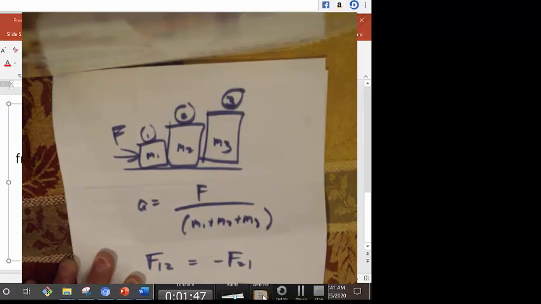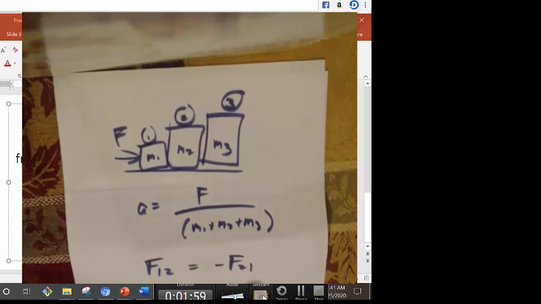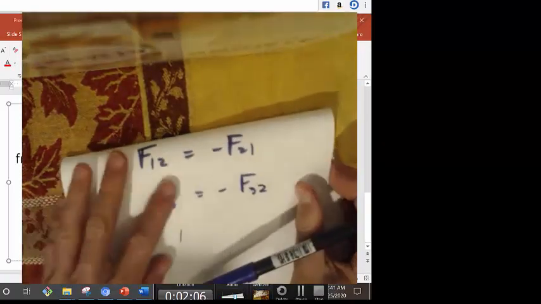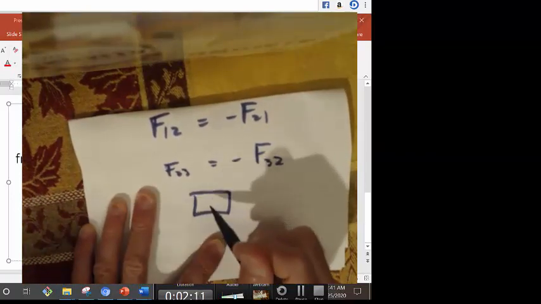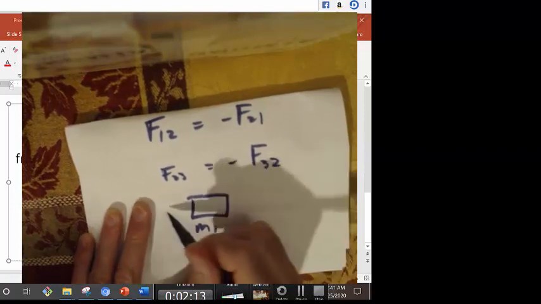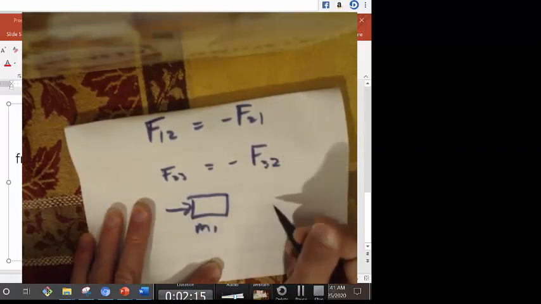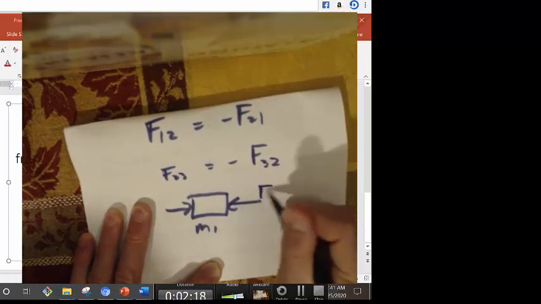Okay, so we know that, and we also know that if I draw an individual block here, call this block M1, that if it has a force F acting on it, it's going to have the force F21 acting on it from this direction.